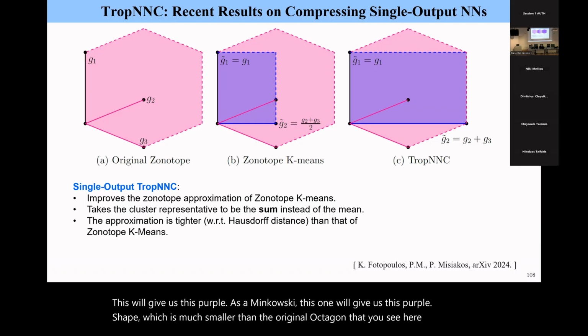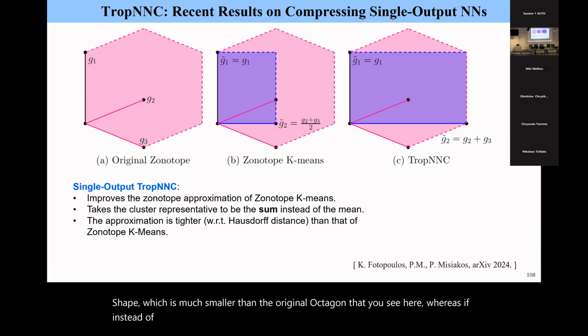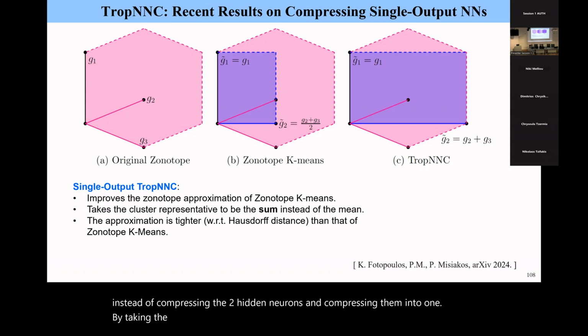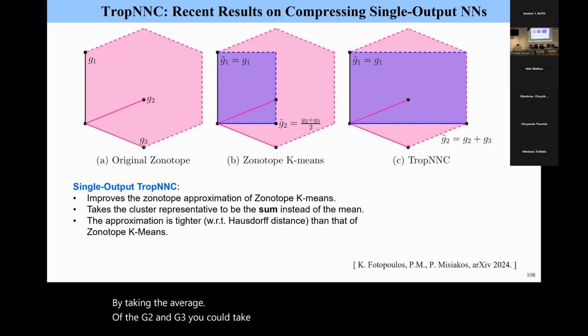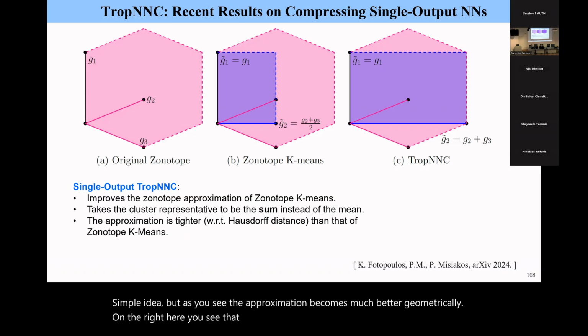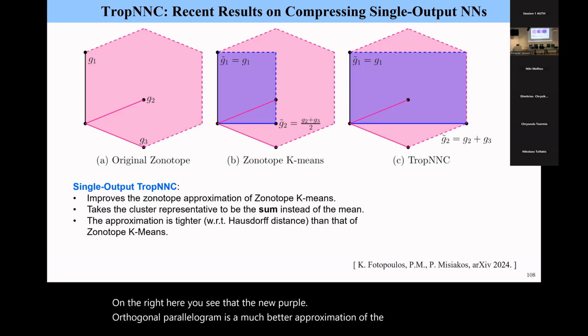Whereas, if instead of compressing the 2 hidden neurons into one by taking the average of G2 and G3, we take the sum, simple idea, but as you see, the approximation becomes much better geometrically. On the right here, you see that the new purple orthogonal parallelogram is a much better approximation of the original red shape.